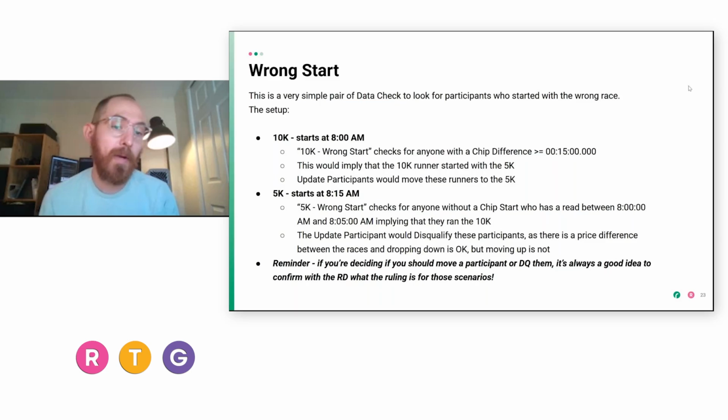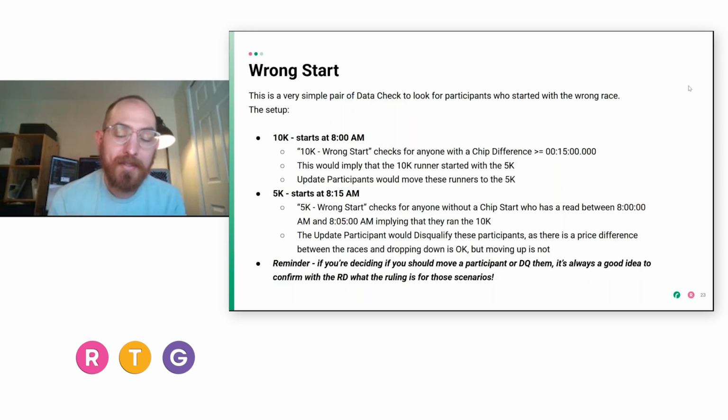So that just gives you a way to quickly look at a list of participants who had a chip difference greater than 15 minutes and move them over to the 5K because you know for a fact that they're going to be in the wrong event. Similarly, you could do a 5K wrong start, showing you anyone with a chip start who's got a read between 8 a.m. and 8:05, implying that they ran the 10K.